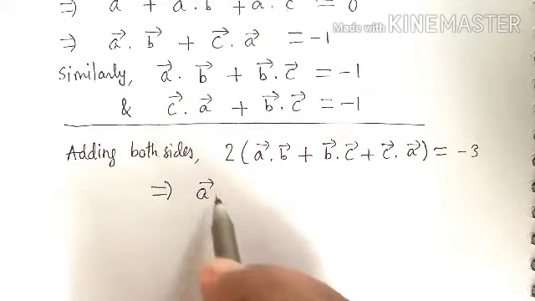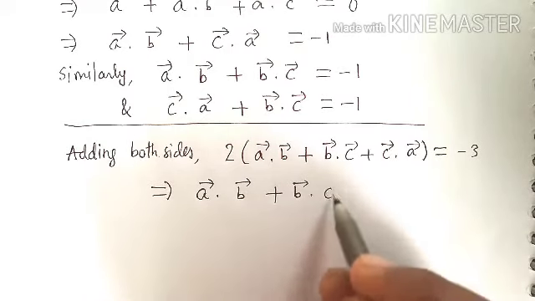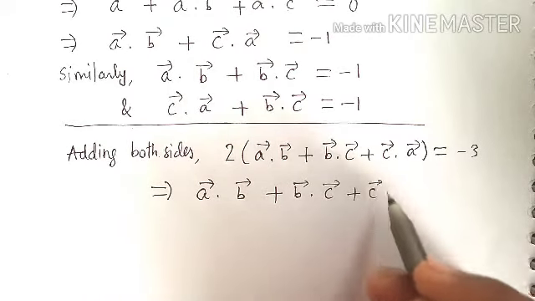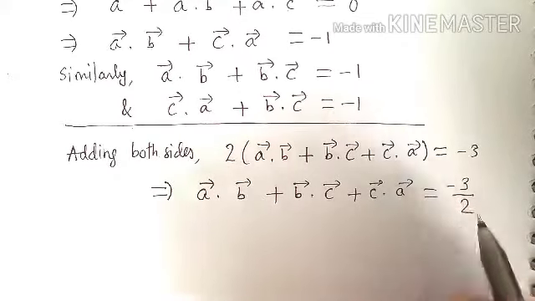So vector A dot vector B plus vector B dot vector C plus vector C dot vector A is equal to minus 3 by 2.